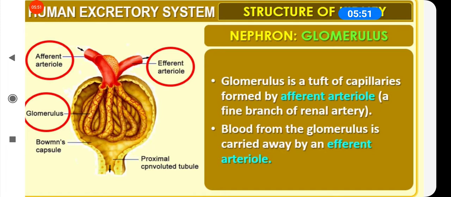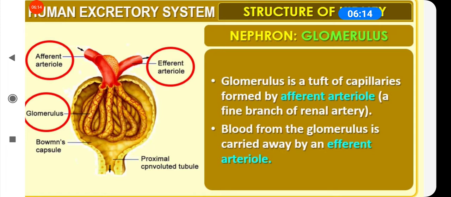Now, the afferent arteriole is getting in and the efferent arteriole is moving out. What are the other differences? Please note it down. First difference is that the afferent arteriole diameter is more, and the efferent arteriole diameter is comparatively less than the afferent arteriole.